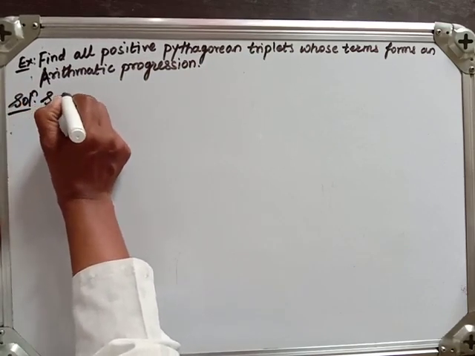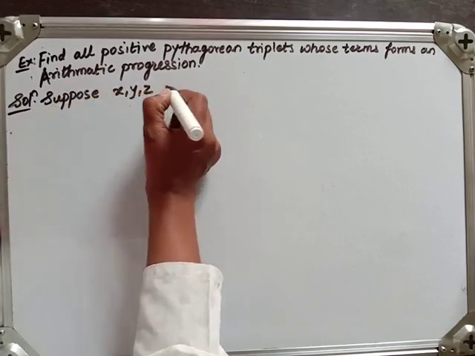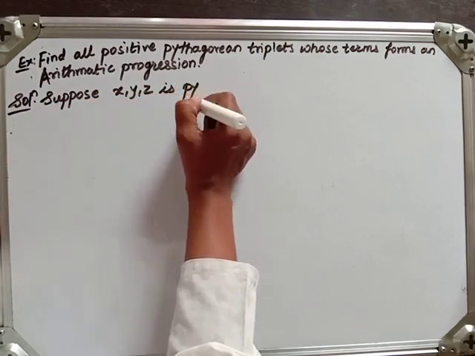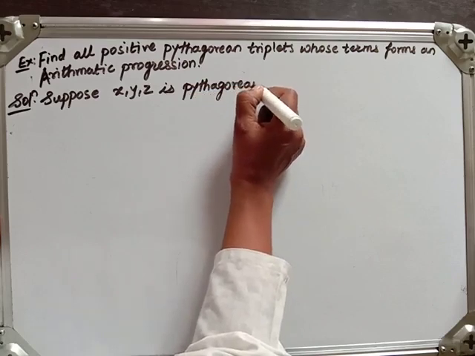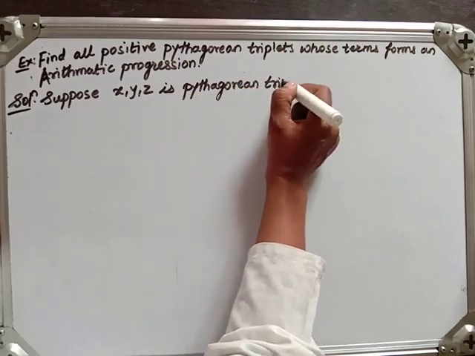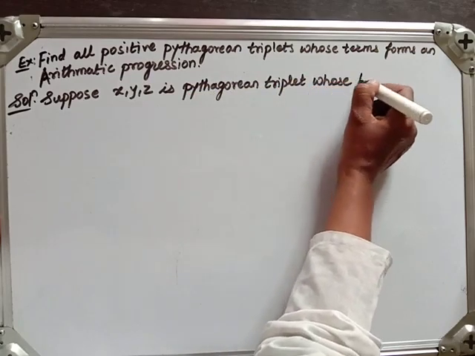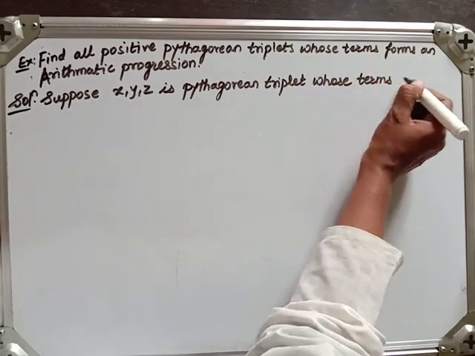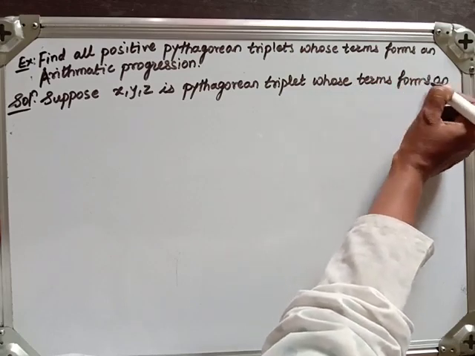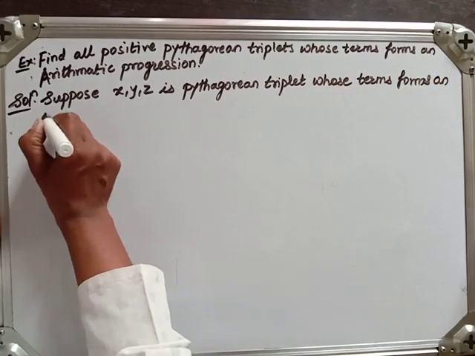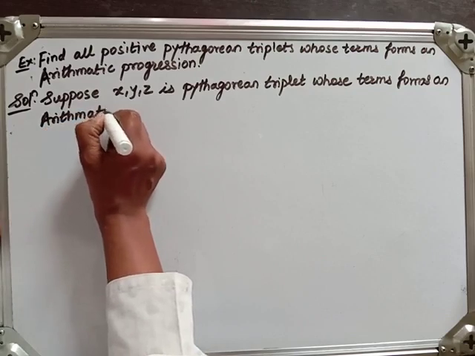Solution. Suppose XYZ is a Pythagorean triplet whose terms form an arithmetic progression.